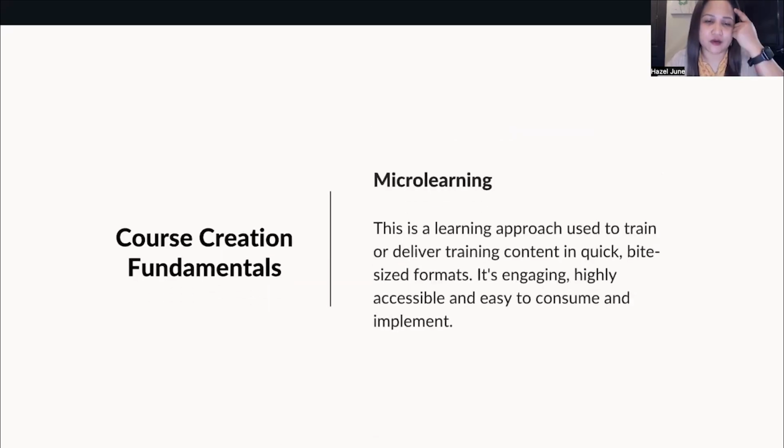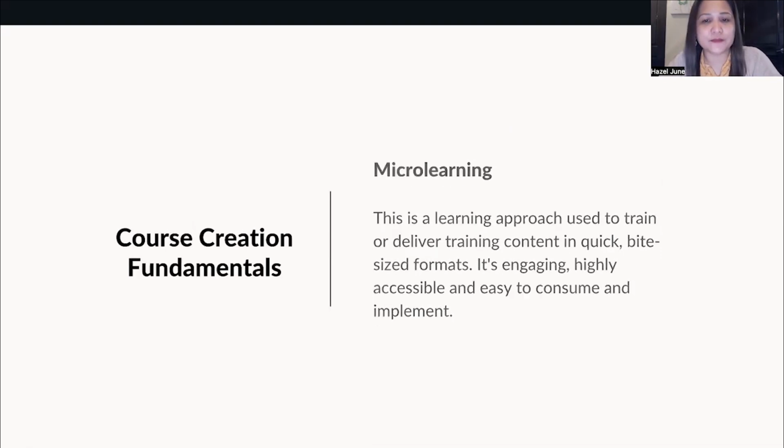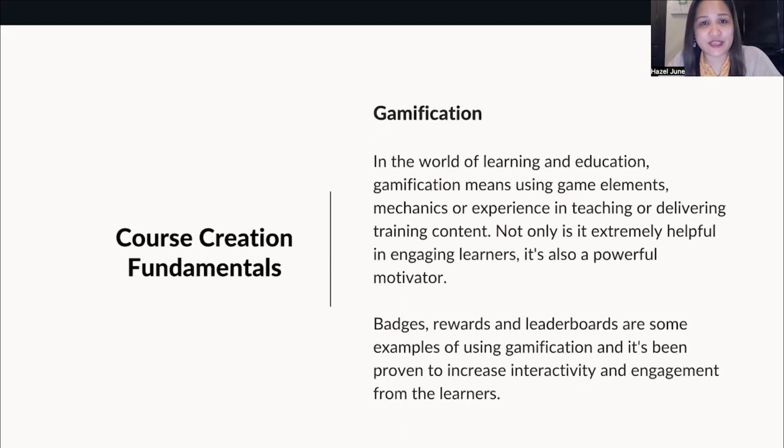Now, the next one is micro learning. From the word itself, micro and learning, this means that you're creating training content in quick, bite-sized formats. That's micro learning. The third one is gamification, which is something that a lot of people are getting more and more familiar with, just because a lot of people are into gaming now, but also it's one of the most popular learning models out there.